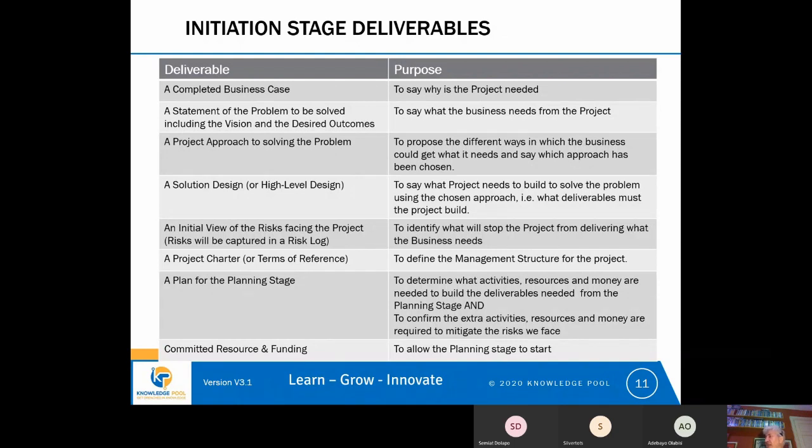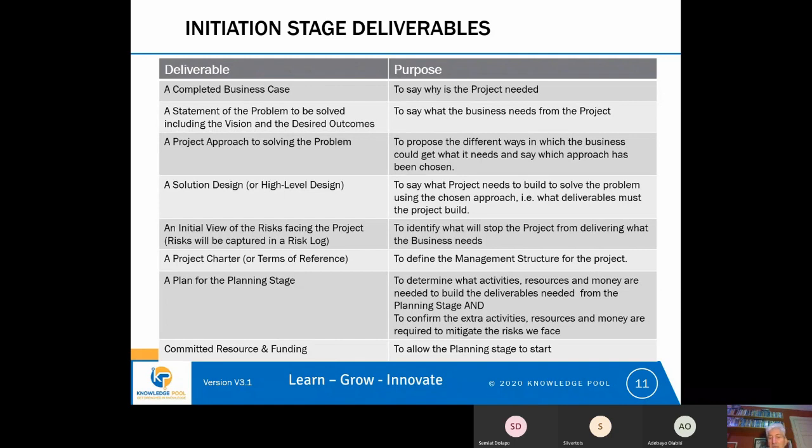If the project needs more money than that, and the project charter says the sponsor can't approve any more money, then the sponsor will have to go to the next level within the organisation, a level above the project, in order to get the additional funding that they need. I found it very useful to have a project charter or terms of reference that sets out the management structure for the project and what level of decision each management group can take. So it will say what the project manager can decide, what the sponsor can decide, and what the steering group can decide.